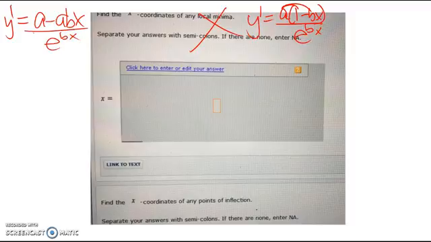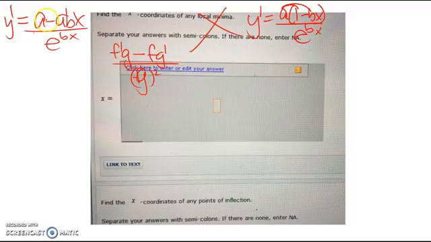All right, I'm going to use the quotient rule, right? The quotient rule says f prime g minus f g prime over g squared. All right, so the derivative of the top, this is a constant, right?